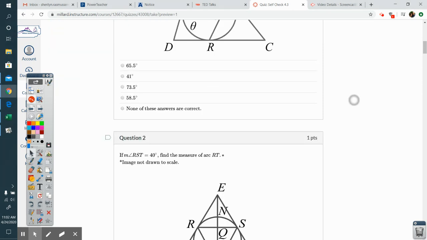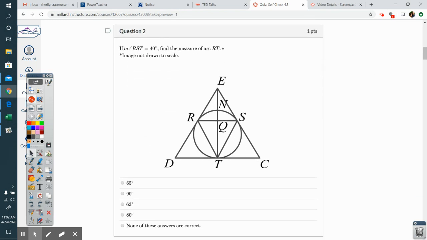I repeat this sometimes, hopefully so that it makes a little bit more sense. Okay, for this one, measure of RST. So RST right here is 40. So this angle right here on the triangle is 40 degrees. We want to find the measure of arc RT. So it's 40 degrees. It has to connect like a cone.